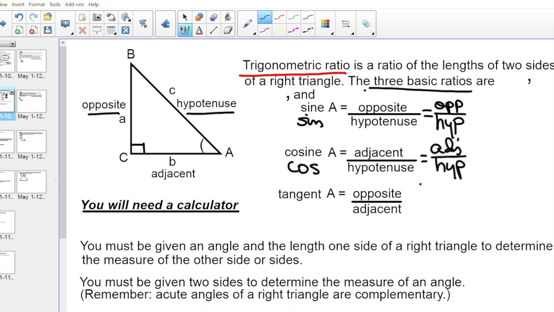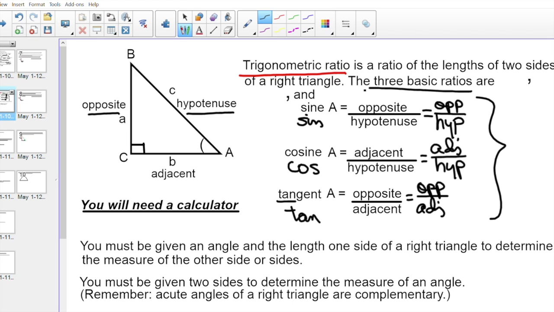And then tangent is not tan. You're not allowed to say tan A. Now some people may eventually start that, but not yet. So this is the opposite over the adjacent. And there are three other ratios that we can write, but these are the three that you find on your calculator.